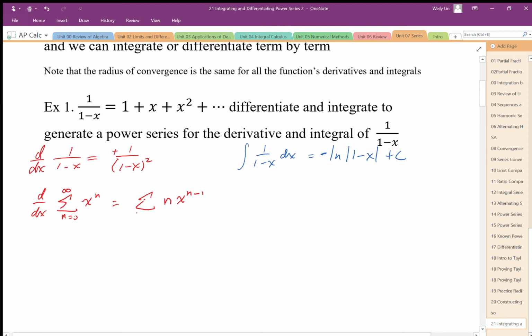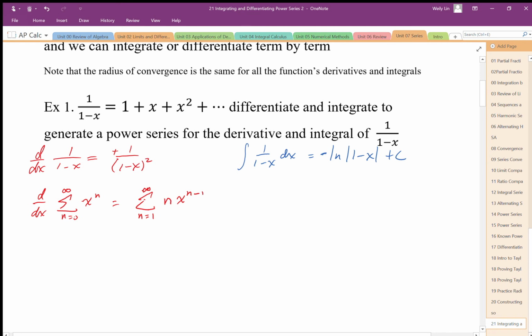And then we're going to start at n equals, in this case we have to start at n equals 1, just because we're going to end up with a negative power if we don't do that. So we want to make sure that the power is going to be the right power on there. Okay, so there we go. There's the derivative for that particular function, and this power series here then represents this function.